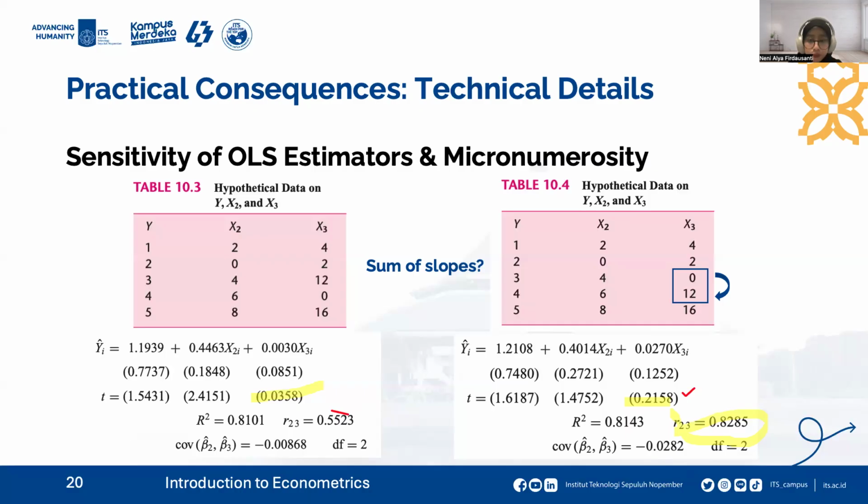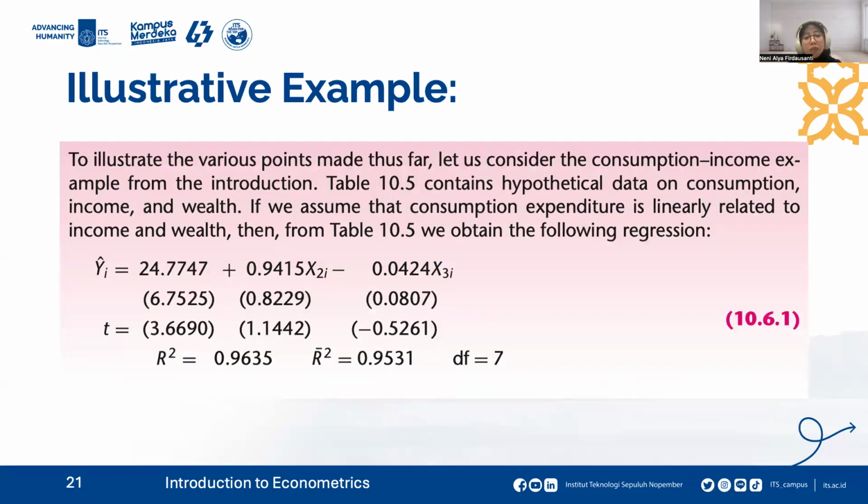This is an illustration example. Let us consider a consumption-income example. Let's say consumption data is affected by income and wealth. If we assume that consumption expenditure is linearly related to income and wealth, we will have this regression.